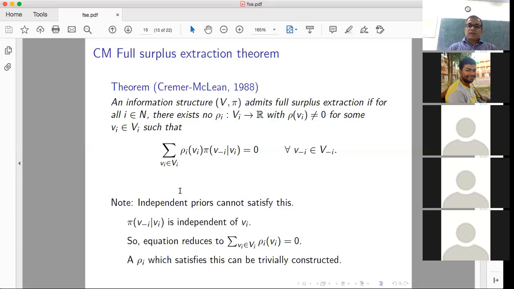If the priors satisfy this condition, then you can always set up those r_i(v_-i)'s so that full surplus can be extracted.